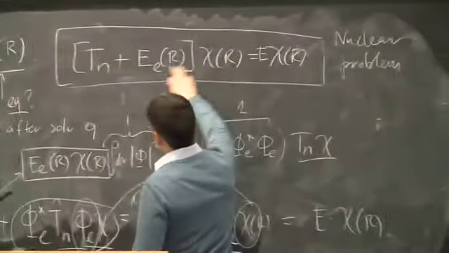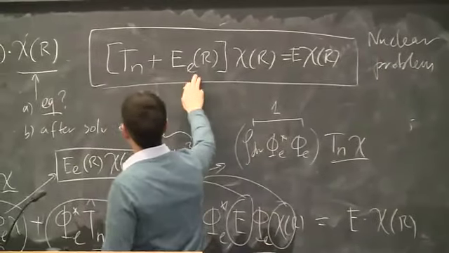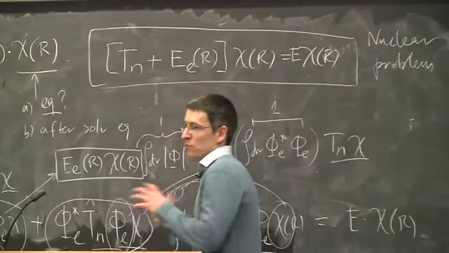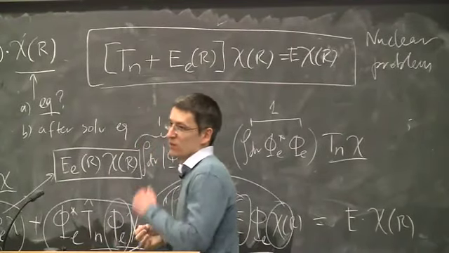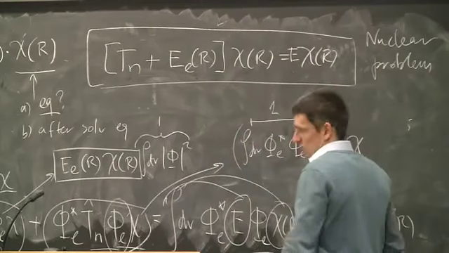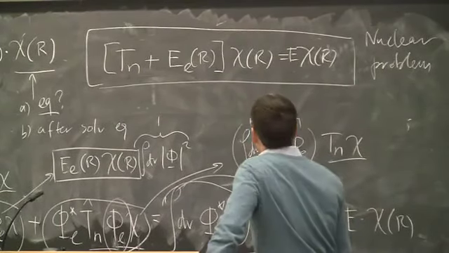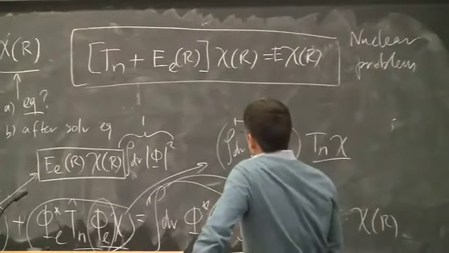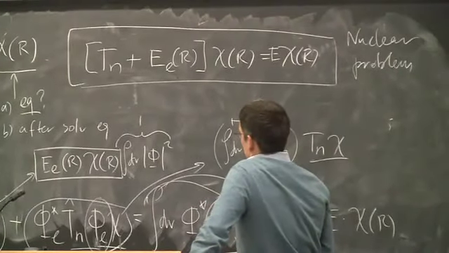And that nuclear function is, again, kinetic energy plus a potential term. And the potential term comes from the electrons, right? So they are essentially driving the nuclear dynamics, they define the nuclear equation.